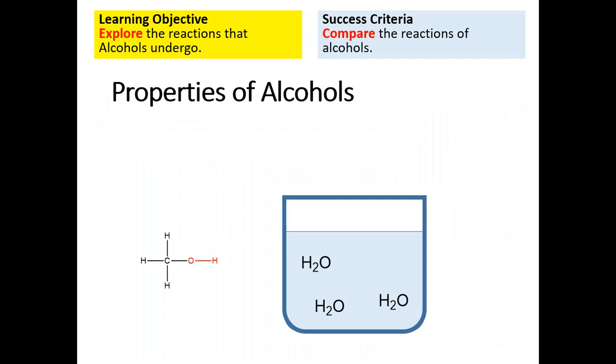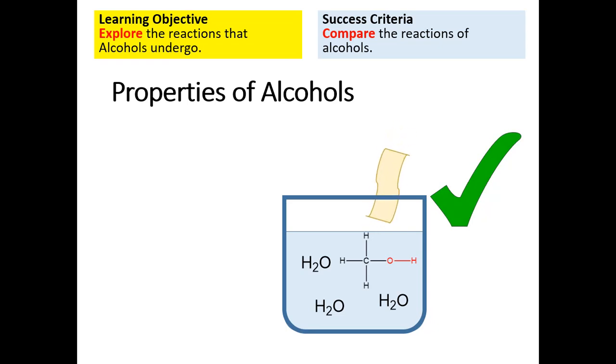So here on the left is our alcohol. We've got methanol down there and we've got a beaker of water. Now, if we add an alcohol into water, it will dissolve. They are soluble in water. Even though it's another liquid, they won't form two separate layers like oil would.